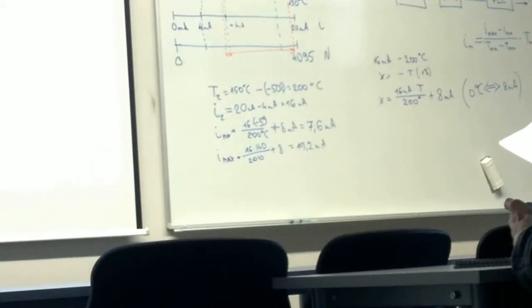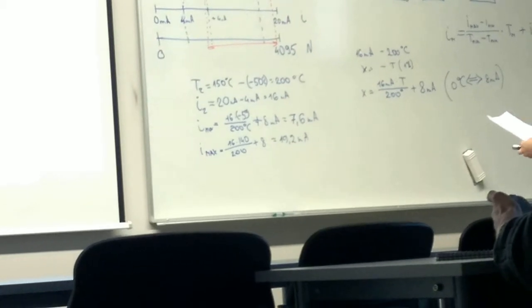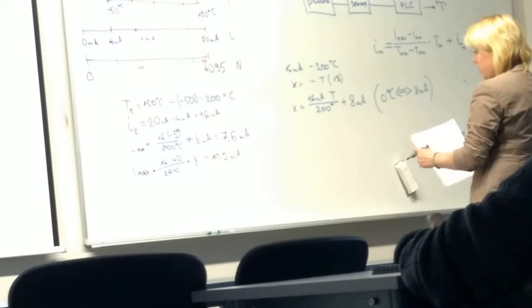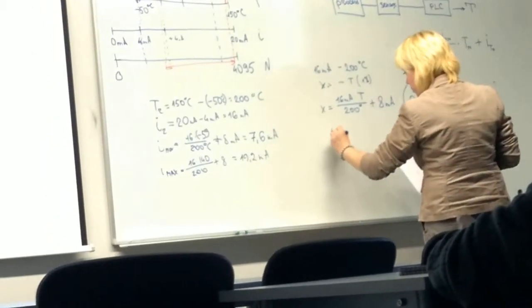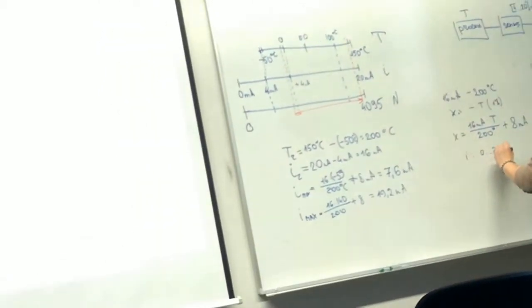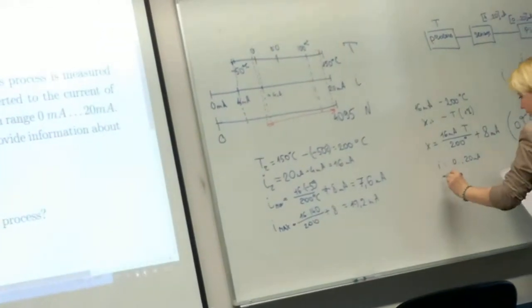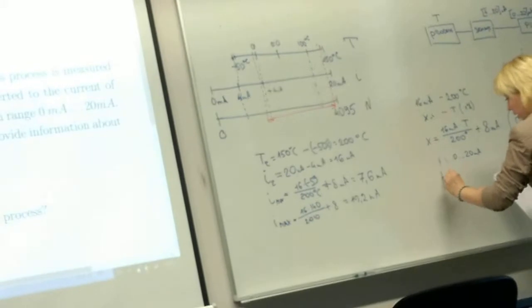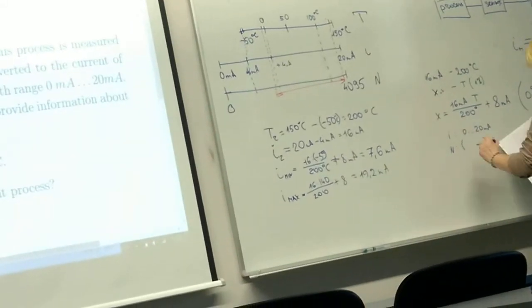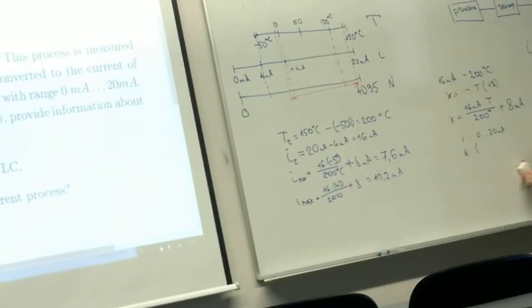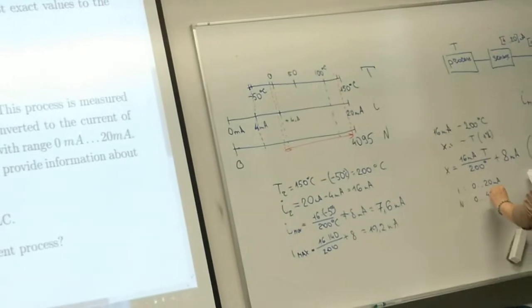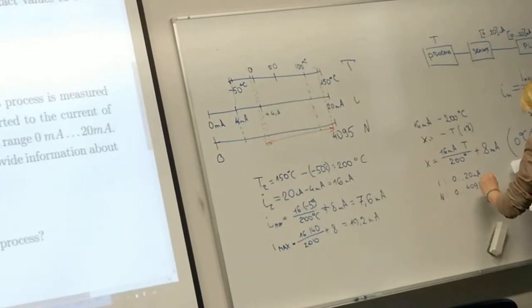So in this case we also should provide some information. For the current, we will have from 0 to 20 milliamperes, and for the number we will have from 0 to this value.